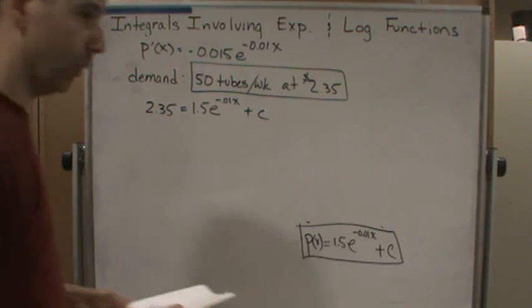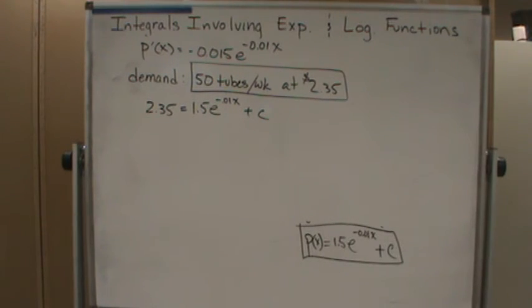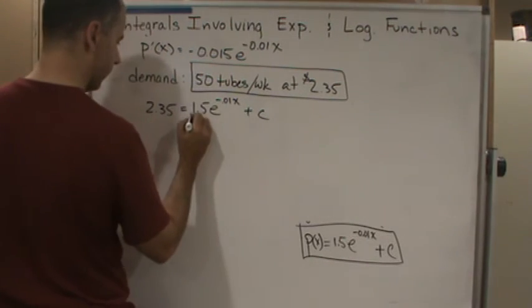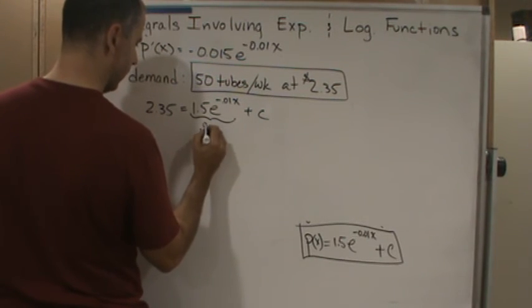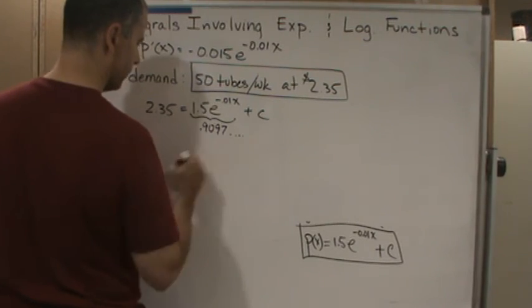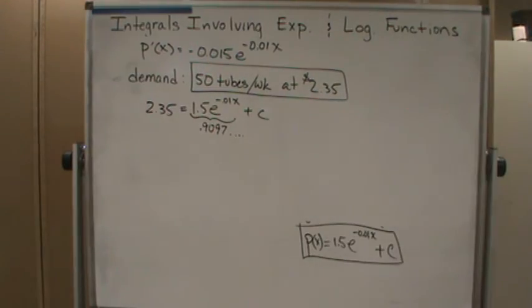When I put it into the calculator, what did I get? 0.9097, and so on, so this part here is 0.9097 and so on.